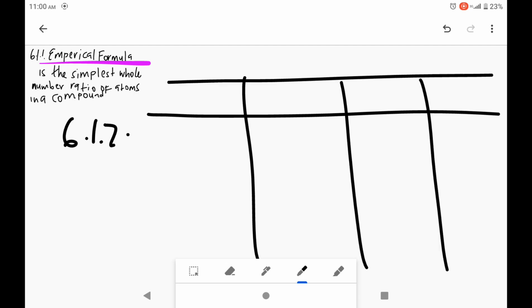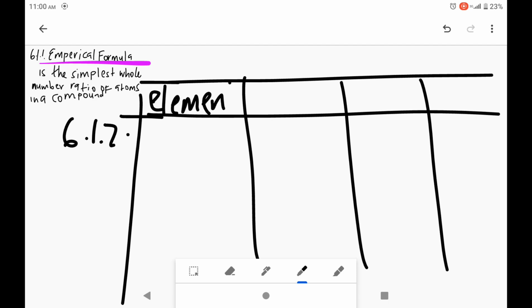So we're going to have element inside here. Let me write it in a simple, visible way. Element, and we're going to have mass in grams.